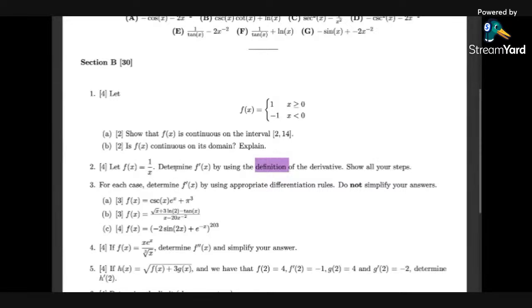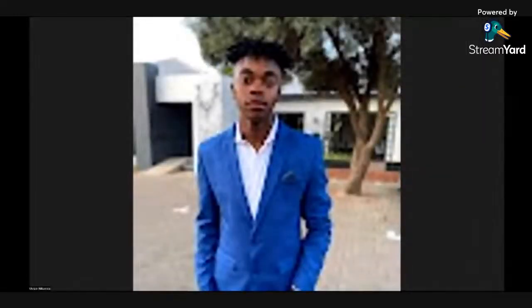Okay. And now we have this question using the definition, number 2. It says determine the f prime by using the definition of the derivative. Show all of your work. So when we were working it out, you worked it out without using the definition, and then you got the same answer, but you didn't use the definition.